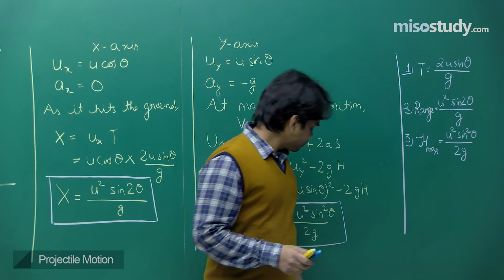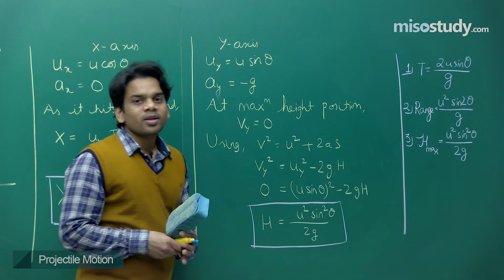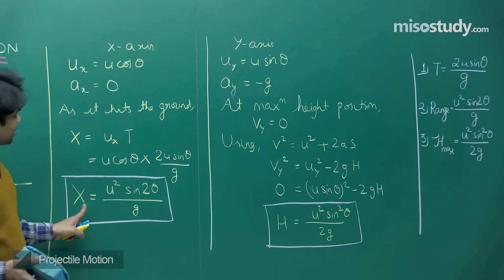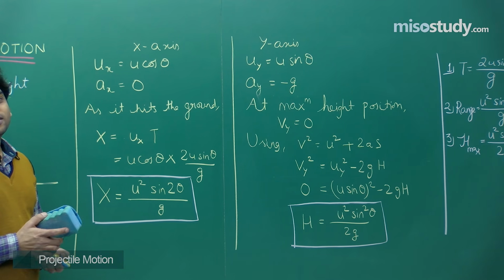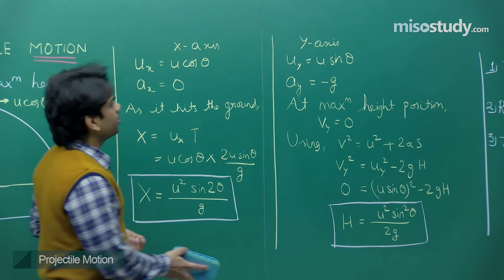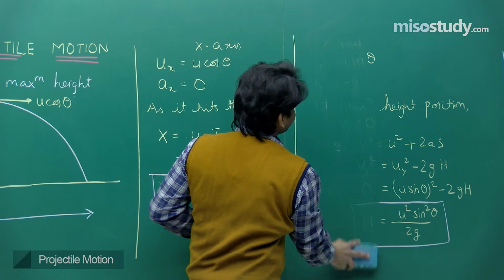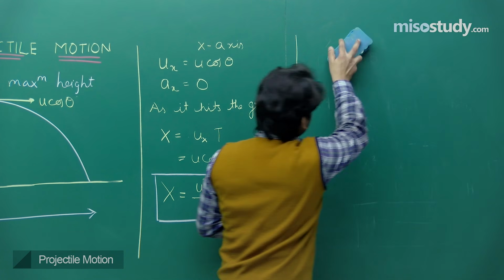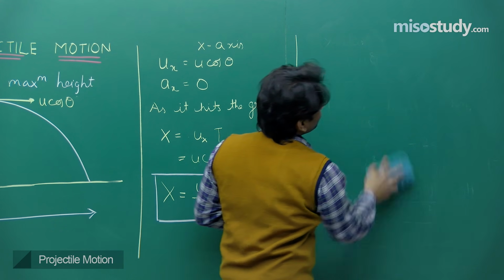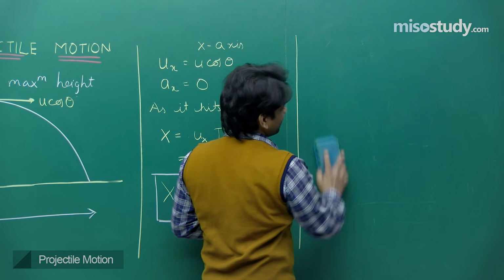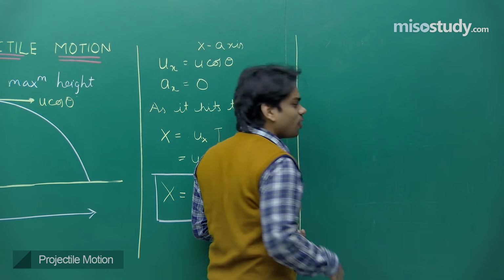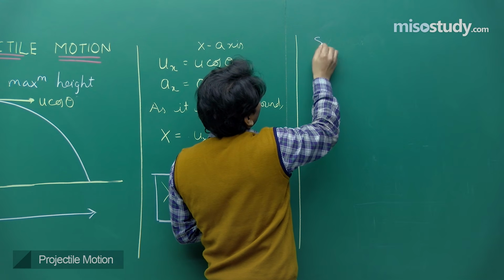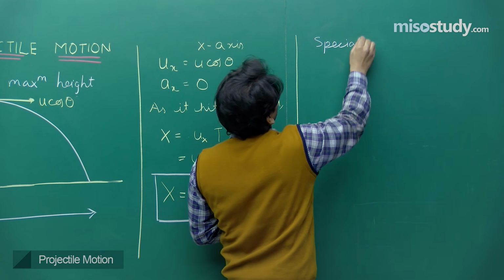Now let's come again to the derivation part. The range formula says that X equals U square sin 2 theta by g. Some special points that you can note down here for range. First let me write one special case.